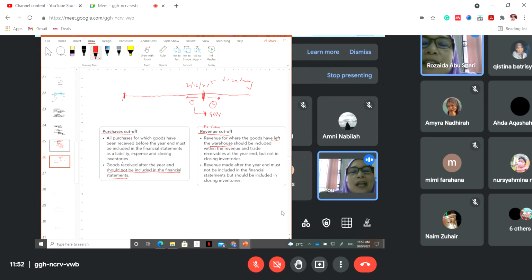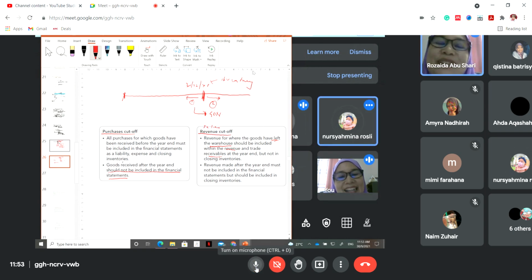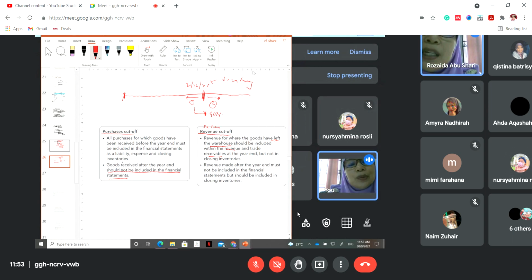So if it has been delivered to the customer, should the company recognize it as revenue and trade receivable? Should or should not? Yes, because it has been sold. So the company should recognize it as revenue.